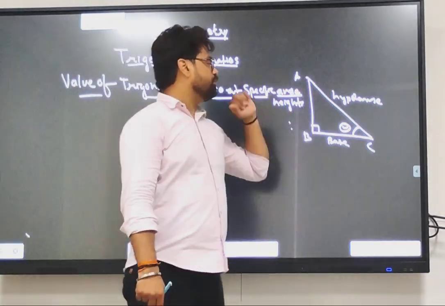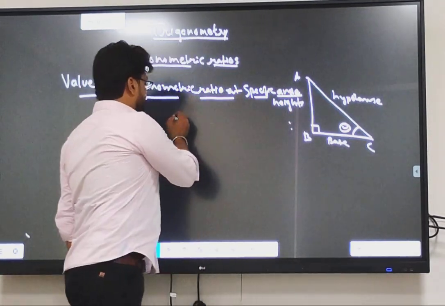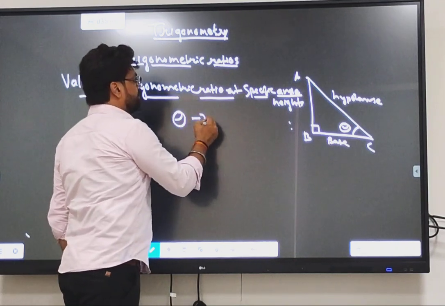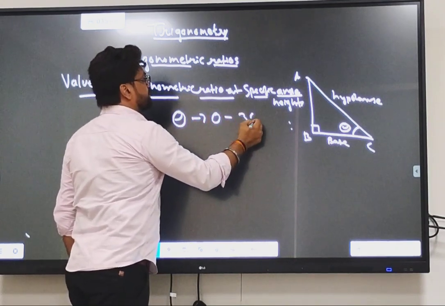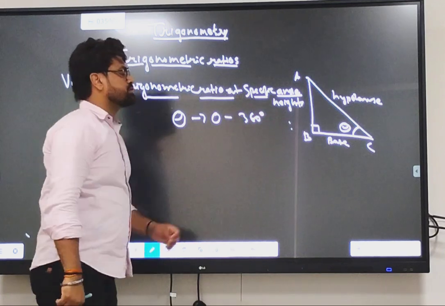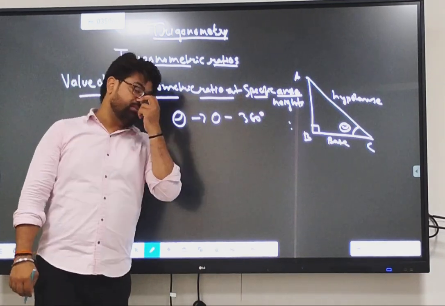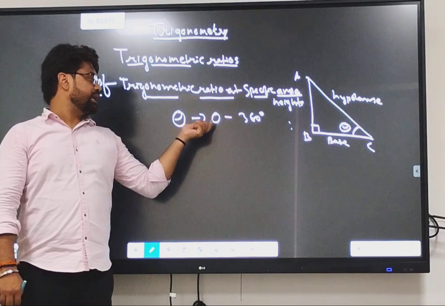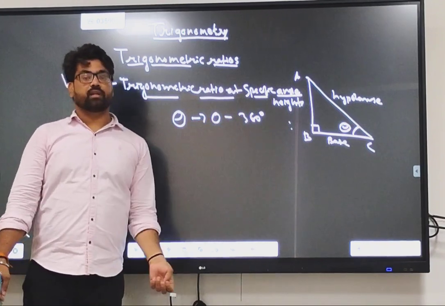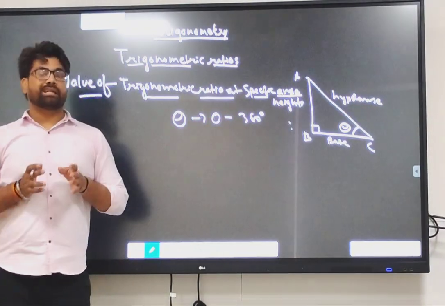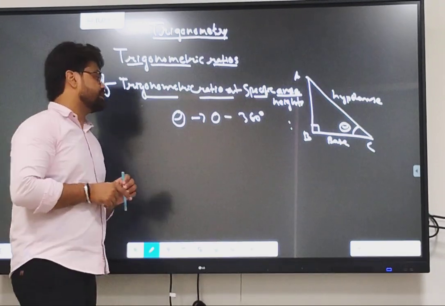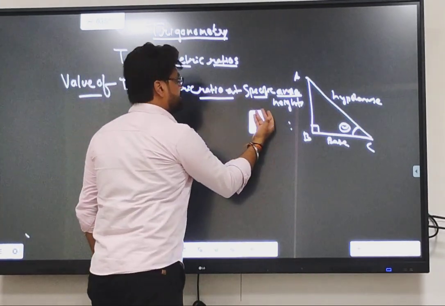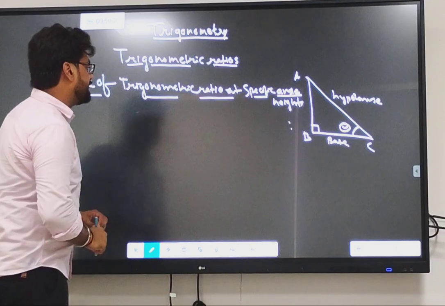See, here theta can vary from 0 to 360 degrees. So all trigonometric ratios take some values at angles from 0 to 360 degrees. But we are going to study only some specific angles here. So what can be the value of theta?